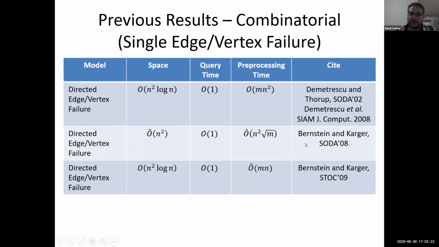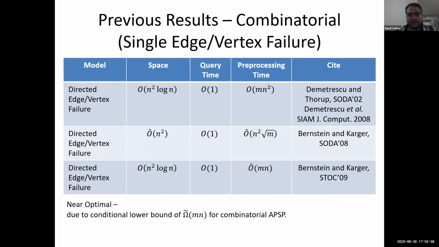Bernstein and Karger in SODA 2008 and then in STOC 2009 improved the preprocessing time to O tilde of mn, keeping the same asymptotic space and query time. This is near optimal due to the conditional lower bound for combinatorial all pairs shortest paths. An interesting question is whether one can improve the preprocessing time to be subcubic using fast matrix multiplication.